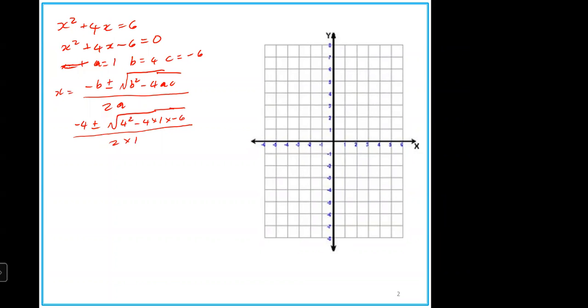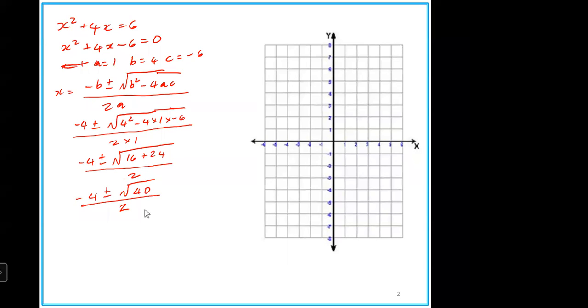So that's minus 4 plus or minus the square root of 16, and 4 times 1 is -4, times -6 is plus 24, over 2. That's minus 4 plus or minus the square root of 40 over 2.